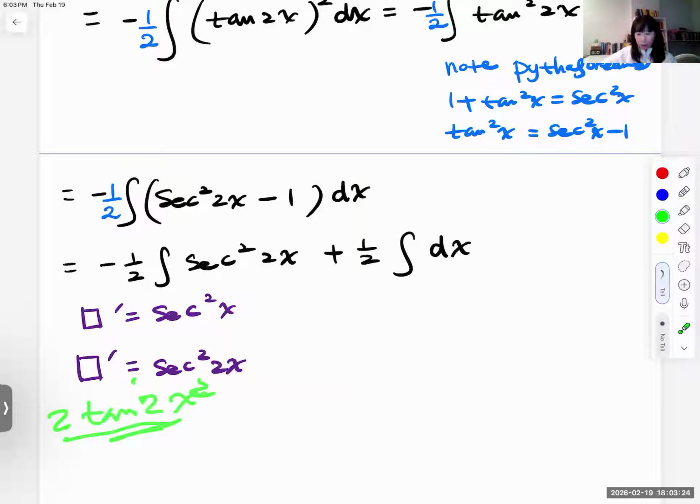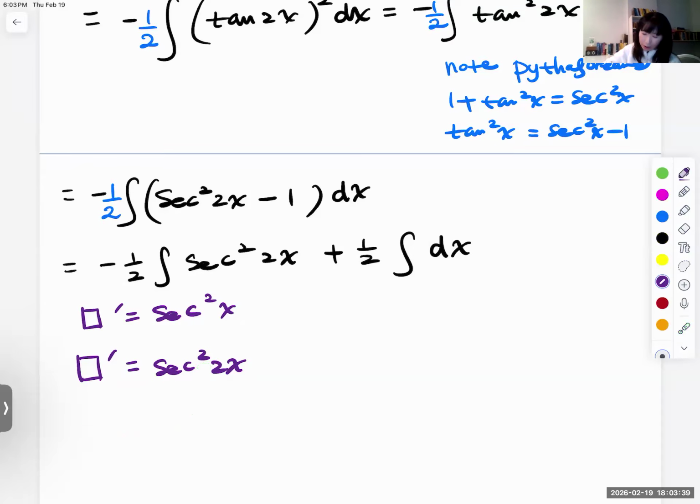Then we get the secant square 2. Sorry, no, it's not the one. So tan 2x, right? Derivative secant square 2x times 2. We get that, right? Yeah. Then we do antiderivative, then 1/2, right? Make sense?